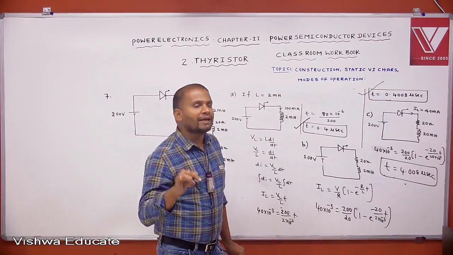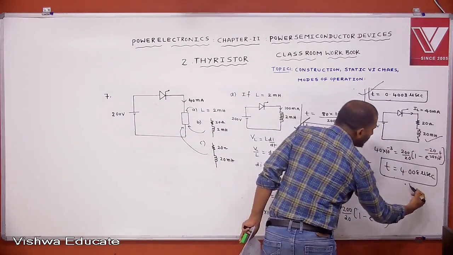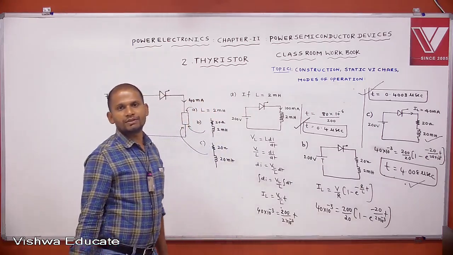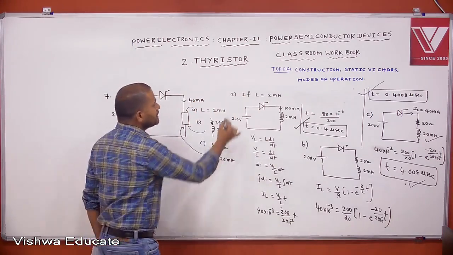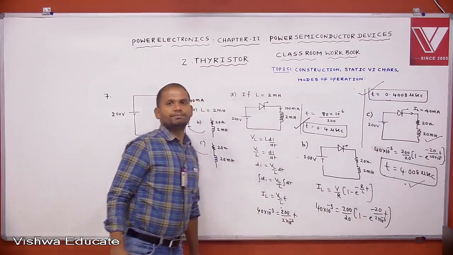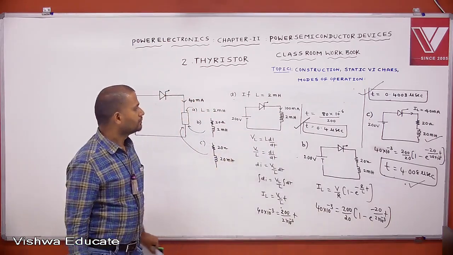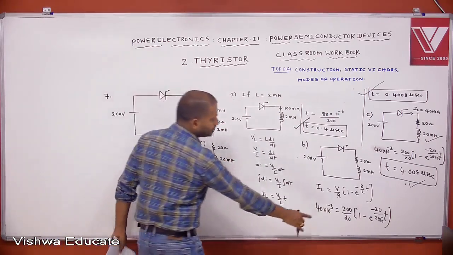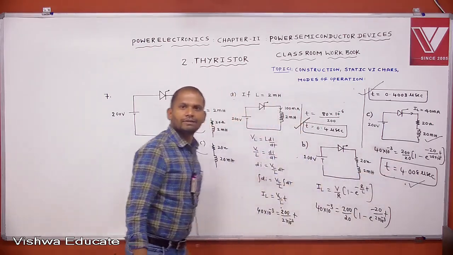If R equals 20 ohms and L equals 20 millihenry, we get t equal to 4.008 microseconds. Okay, clear? Concentrate on this. This is A, this is B and this is C. That simplification is mathematical analysis that you calculate using a calculator.